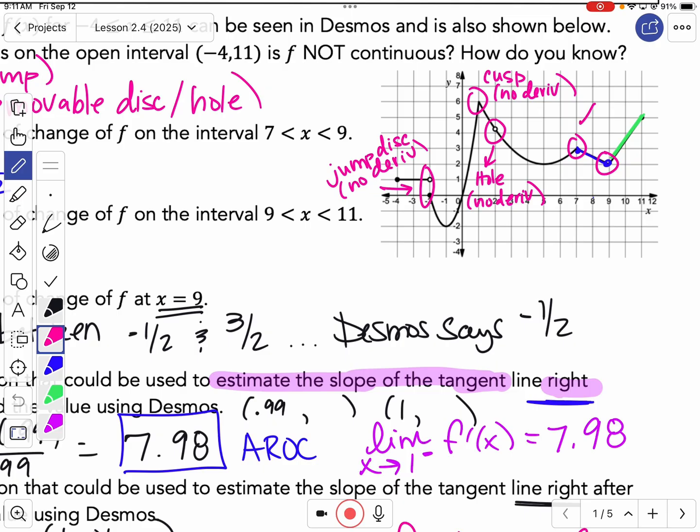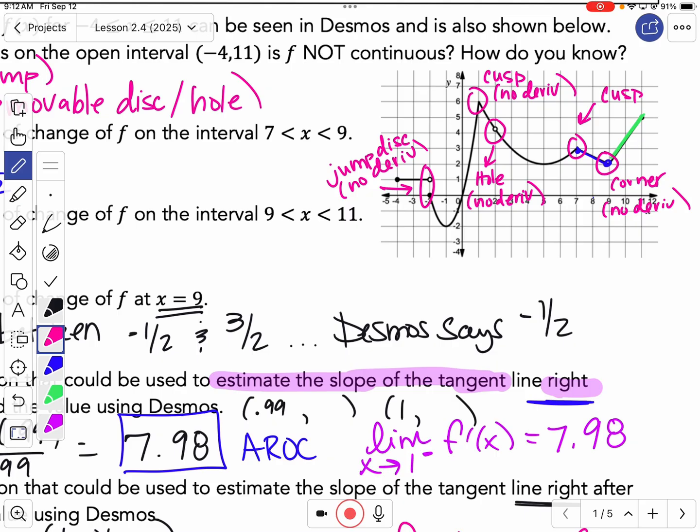Again, over here at 7, we would call that a cusp because it's curved on one side. It's that sharp turn. It's a cusp, so no derivative. What's different about it, 9? We know there's no derivative there, but what's happening? Yeah, they're both linear, so we call that a corner. So there's no derivative.